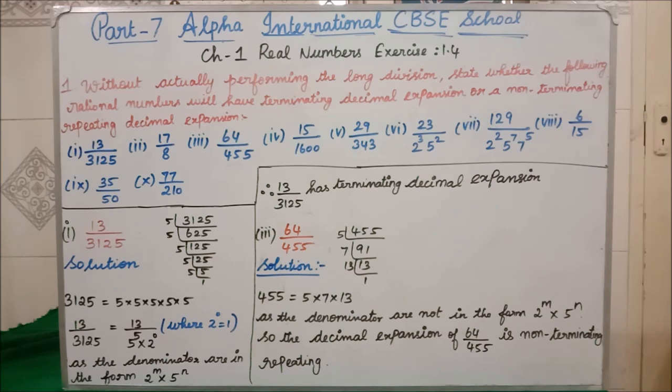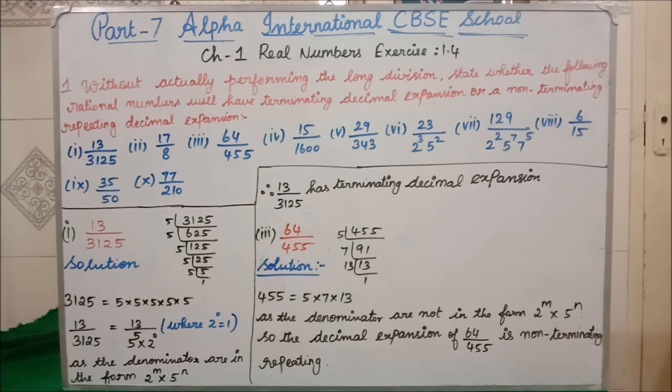Clear? So for that only we have seen two theorems, theorem number 1.6 and theorem number 1.7. Okay, one more time we will recall. What does theorem number 1.6 say? Theorem number 1.6 says, if the q, or the denominator part, is in the form of 2 power m into 5 power n, then the decimal expansion is what?